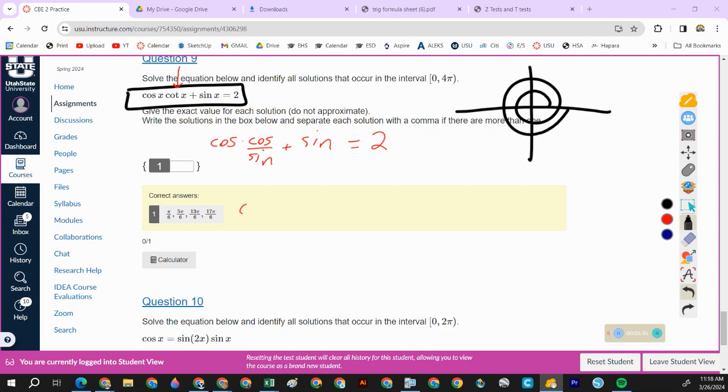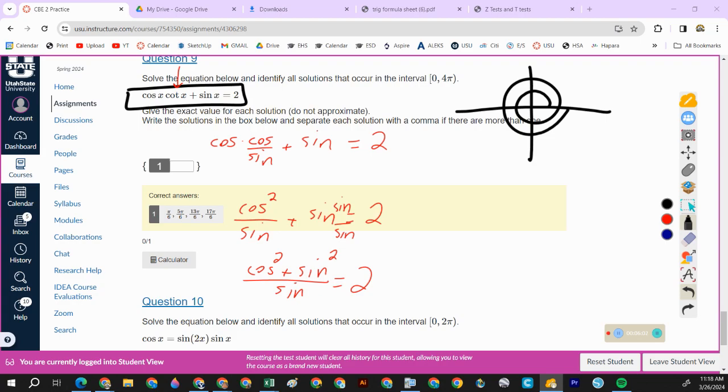And that gives me cosine squared over sine plus sine is equal to 2. Let's get a common denominator. So I'll times this by sine over sine. And that gives me cosine squared plus sine squared over sine is equal to 2.